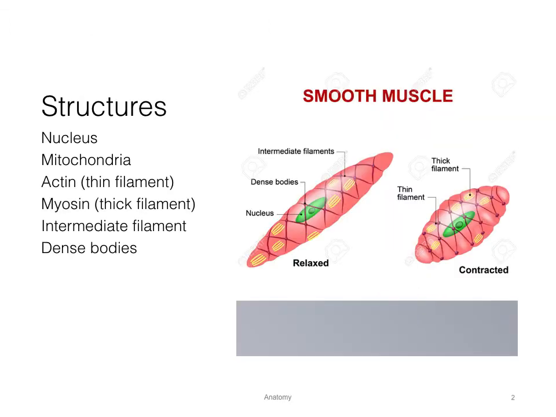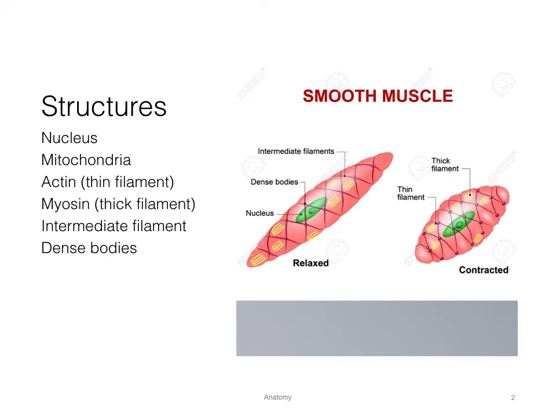We also have, for comparison, another type of muscle tissue, smooth muscle. And in this case, there are no striations. The actin and myosin, the thin and thick filaments, are arranged between dense bodies, and the cell can contract in different ways. It can contract lengthwise, but it can also contract in a more angular way.